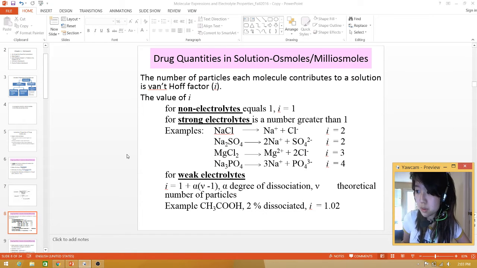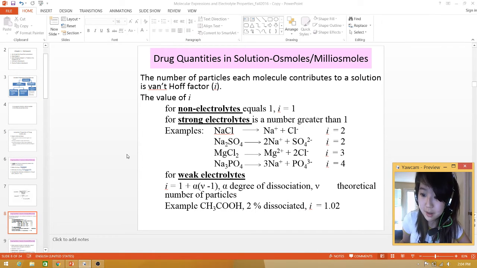Osmoles or milliosmoles are also quantities, just like moles and millimoles. A mole is going to represent the molecules, while the osmoles are going to represent the number of particles that each molecule contributes to a solution.